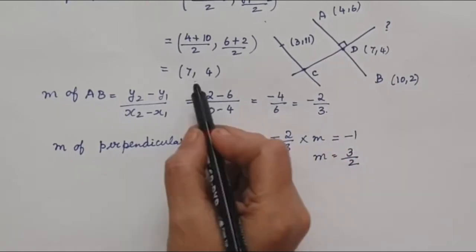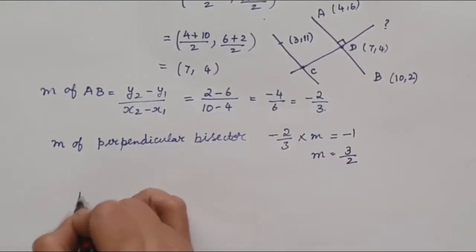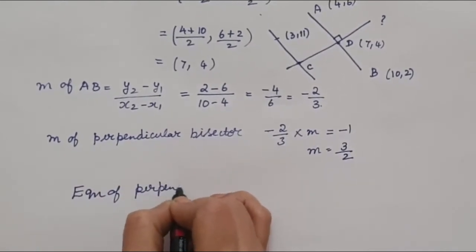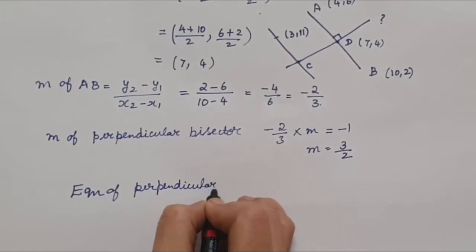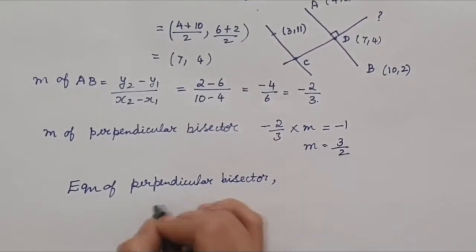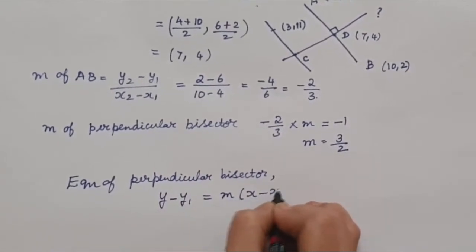So now we know a point and we know the gradient, so we can find the equation of the perpendicular bisector. Equation of perpendicular bisector is y minus y1 equal to m into x minus x1.